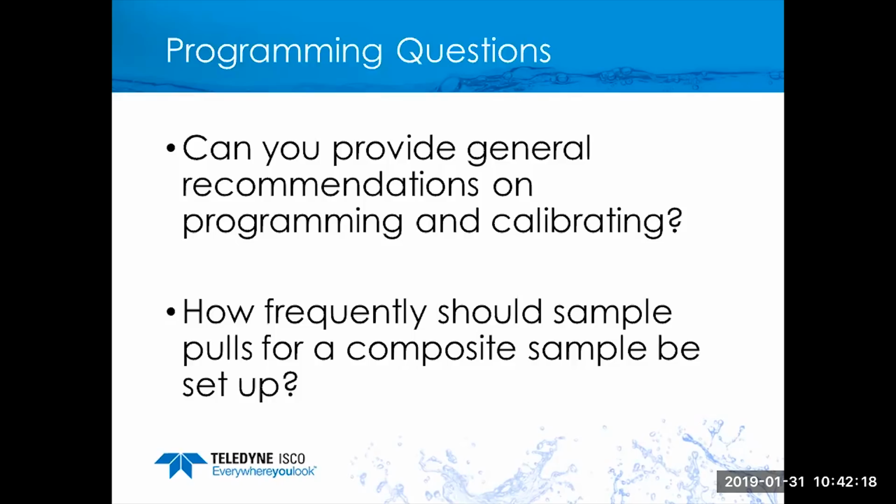And after you understand what type of signal you have, what does that signal represent? If it's a 4 to 20 signal, is it 0 to 100 gallons per minute? Is it 0 to 500 gallons per minute? Because that's going to dictate how you configure the sampler to sample appropriately based upon what you need it to do.